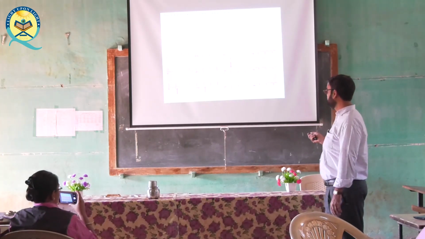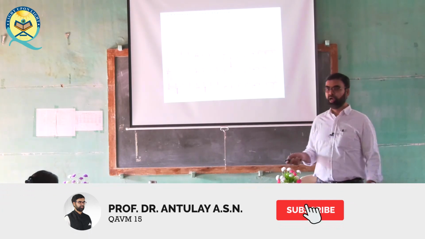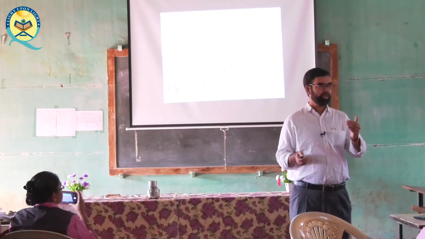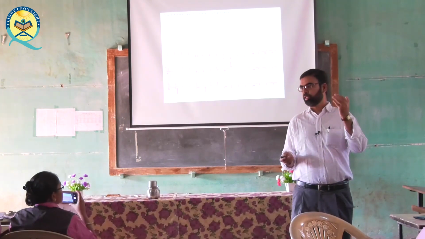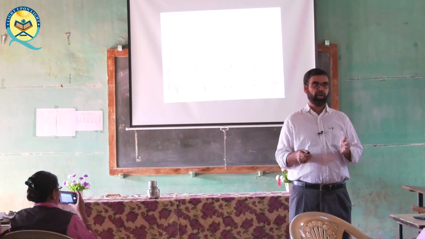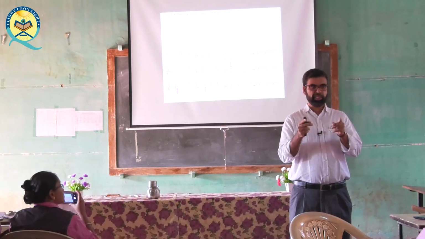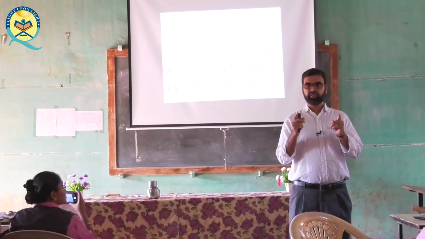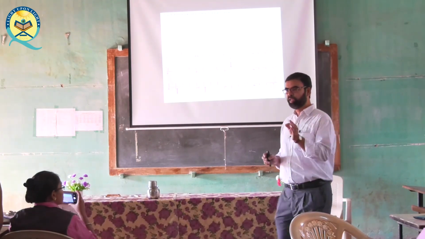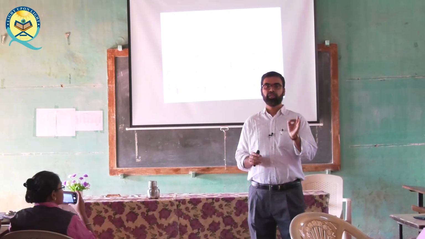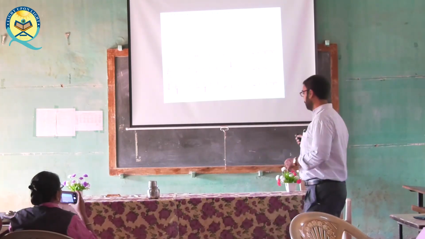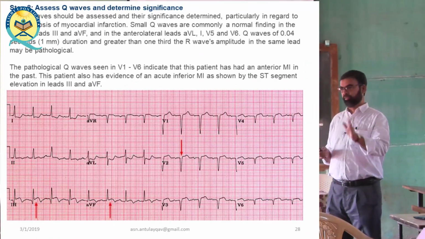Assess the Q wave. I said already the normal Q wave should be less than 1/3 of the height of the preceding R wave, and duration should be less than 0.04 second. Normally you can find this in lead 2, 3, aVF, or usually it is seen in 3.